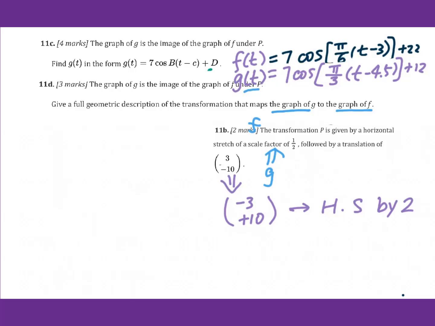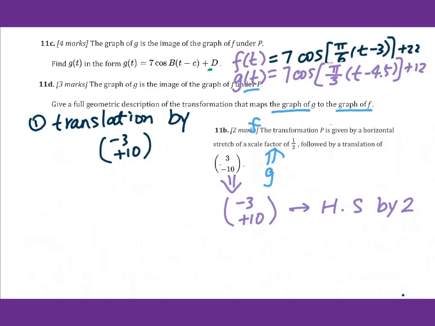Therefore, we can write down this way. Translation by this vector, -3, +10. Which means you go to left 3, go up 10.